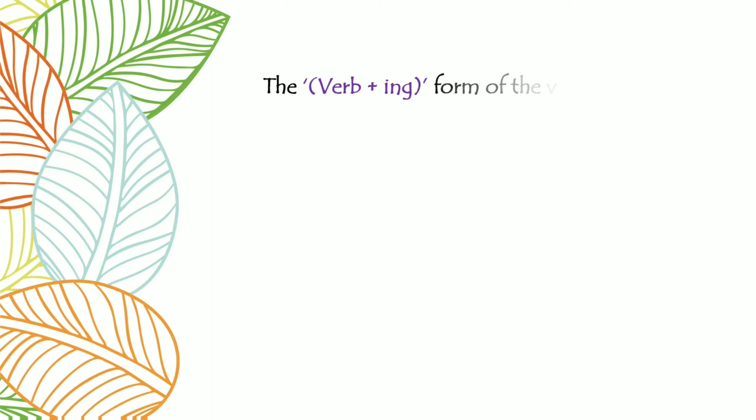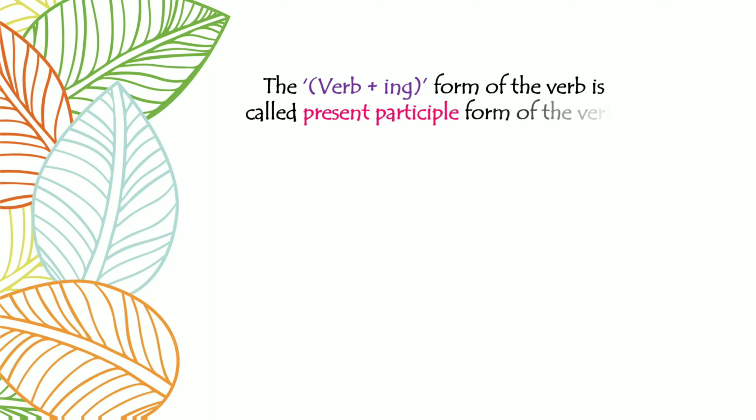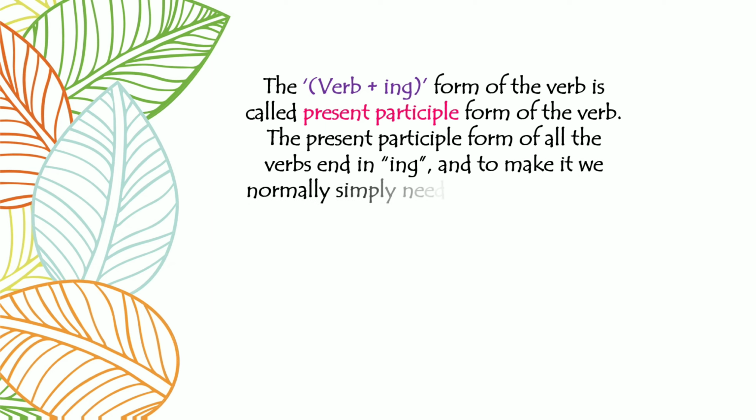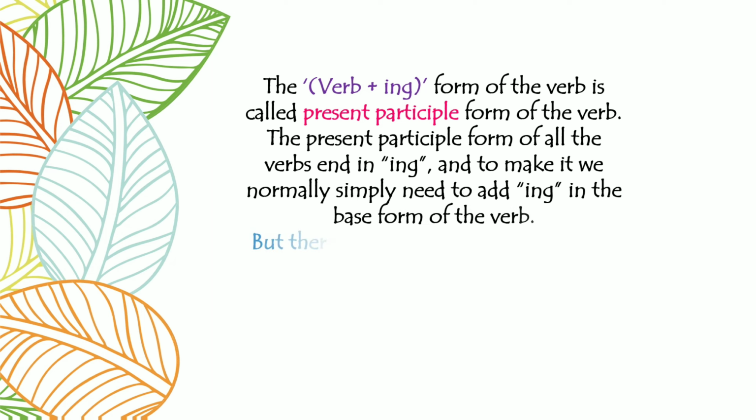The verb plus ing form of the verb is called the present participle form of the verb. The present participle form of all the verbs ends in ing, and to make it we normally simply add ing to the base form of the verb.